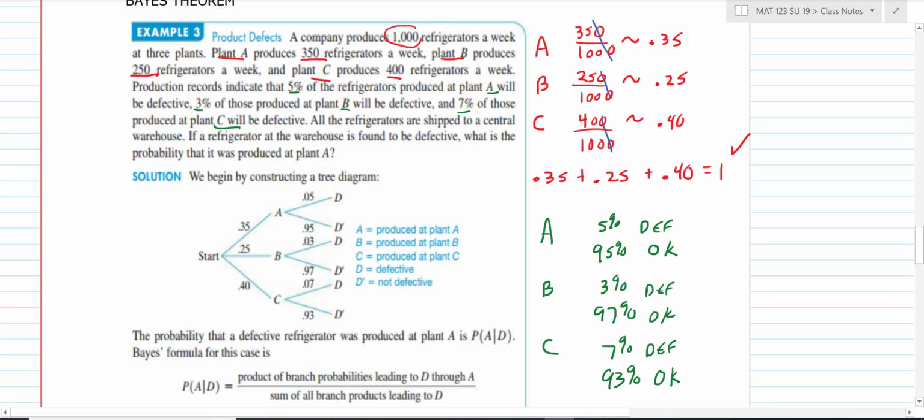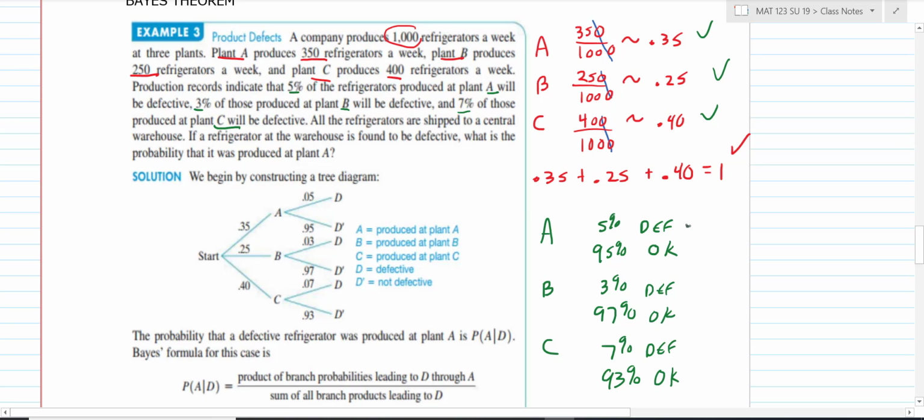So now when we begin to build the tree diagram, what we have is Plant A, B, C. Notice that we have a 35% chance, out of those 1,000 refrigerators, of one being produced in Factory A, and 25% from B and 40% from C. So that whole branch adds up to 1.